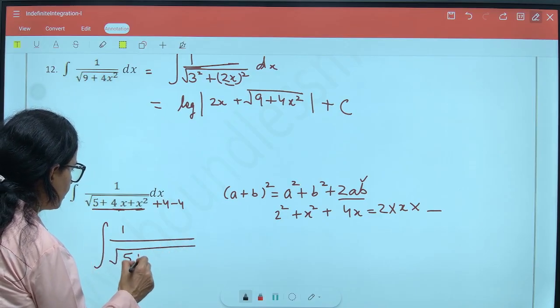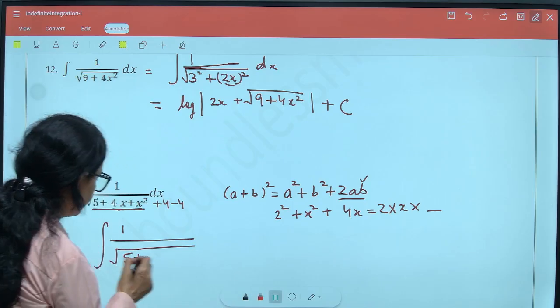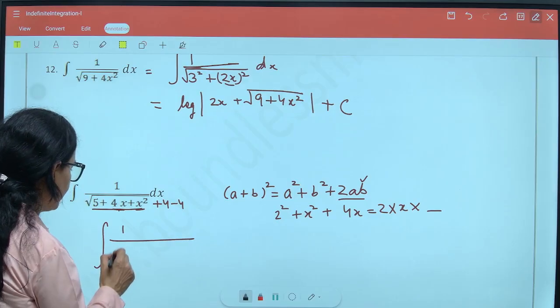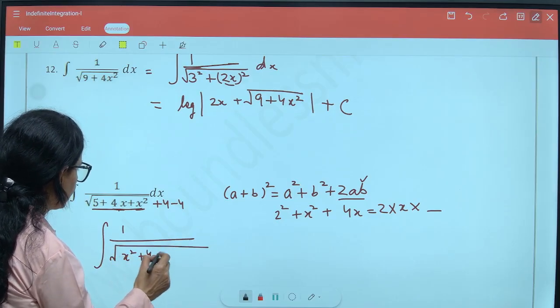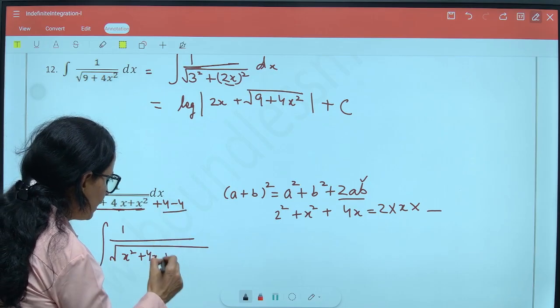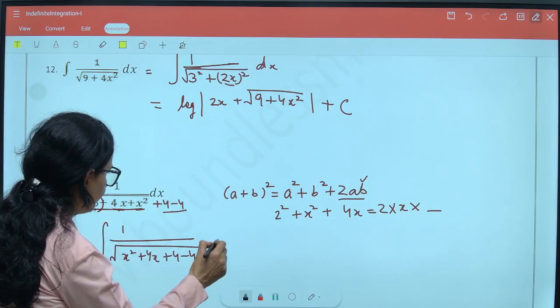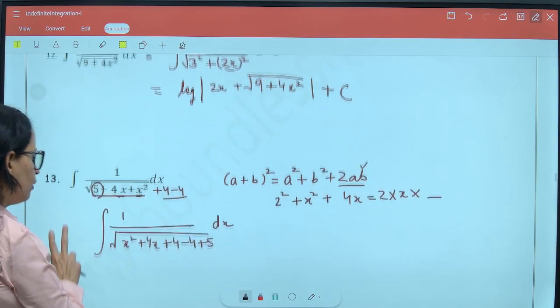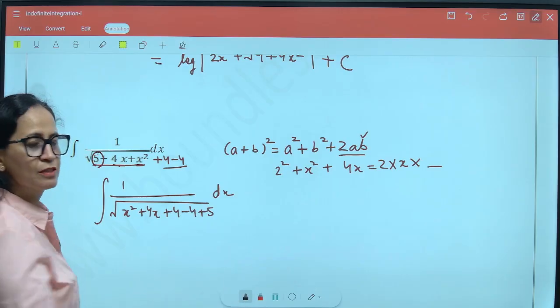So it becomes 5 plus, I'll just shuffle the terms. I'll start from the x square term, so it is going to be x square plus 4x plus 4 minus 4, and then this constant 5 is also there. Now x square plus 4x plus 4 can be written as x plus 2 whole square.